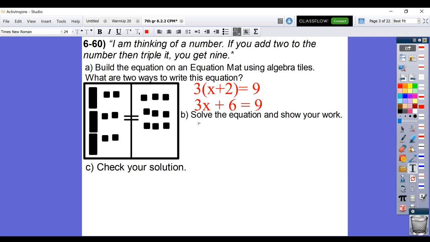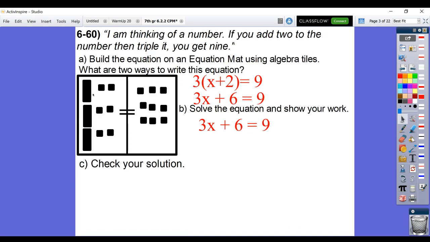And then as far as solving it goes, we would first start by looking for any zero pairs, which we don't have any. We'll leave it in this format for now. And then we can remove things from both sides, as long as we can do it to both sides. So we can remove 6 unit tiles from this side, as long as we can also remove 6 unit tiles from this side.